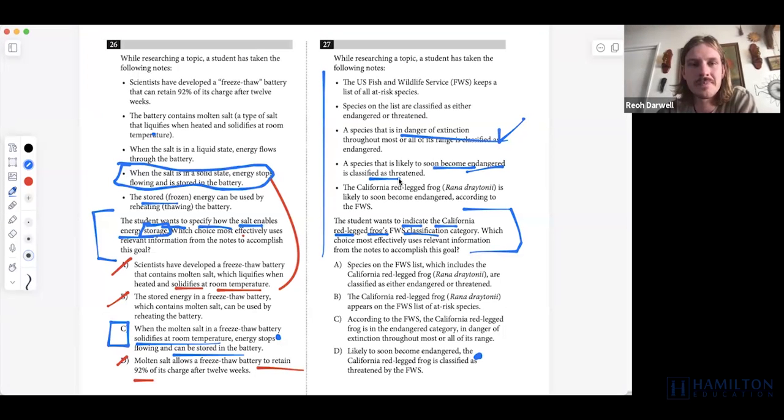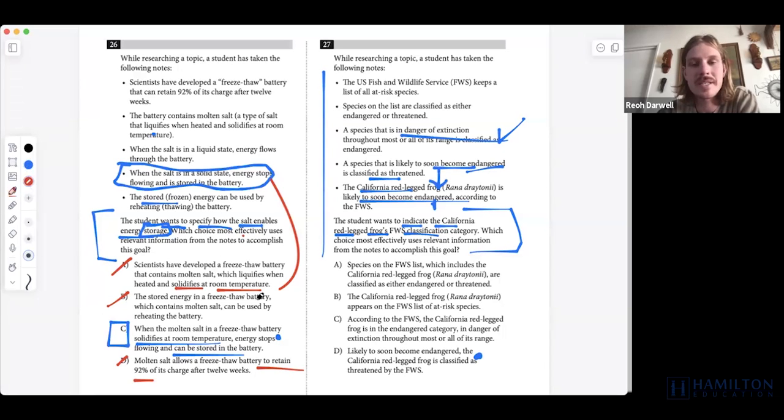So something that is soon to become endangered is threatened. And the California red-legged frog is soon to become endangered. So we need to translate the definition of threatened, right here, as soon to become endangered, which means that California red-legged frogs are threatened.